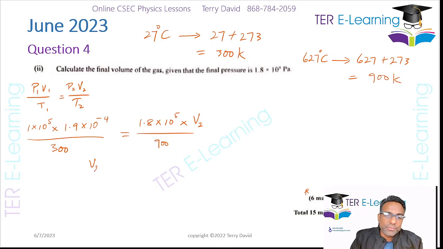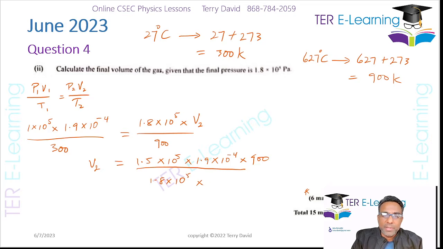So for V2, I'm just going to cross multiply one time. It's going to be 1 by 10 to the 5, multiplied by 1.9 by 10 to the minus 4, multiplied by 900, all over 1.8 by 10 to the 5 multiplied by 300, right?